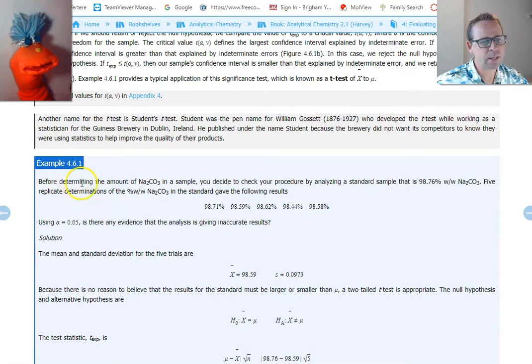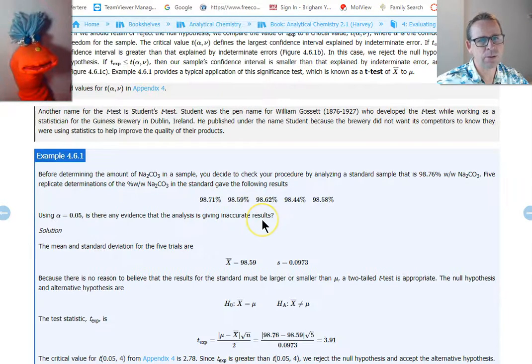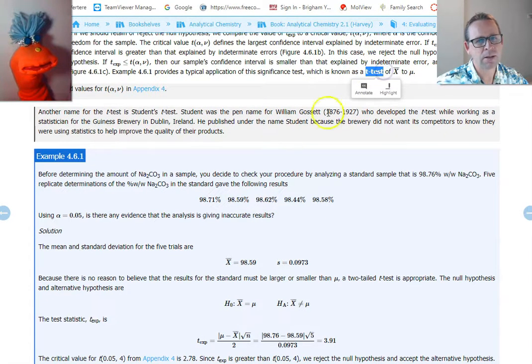Here is an example of how we can use a test to compare. This is known as a t-test, and what we're doing is comparing this value to a value in a t-table. So let's walk through this one together.